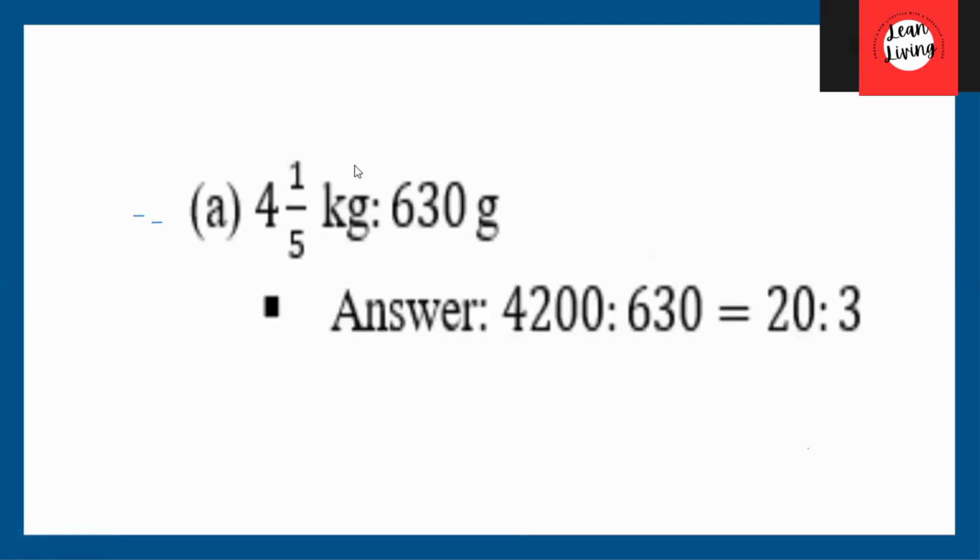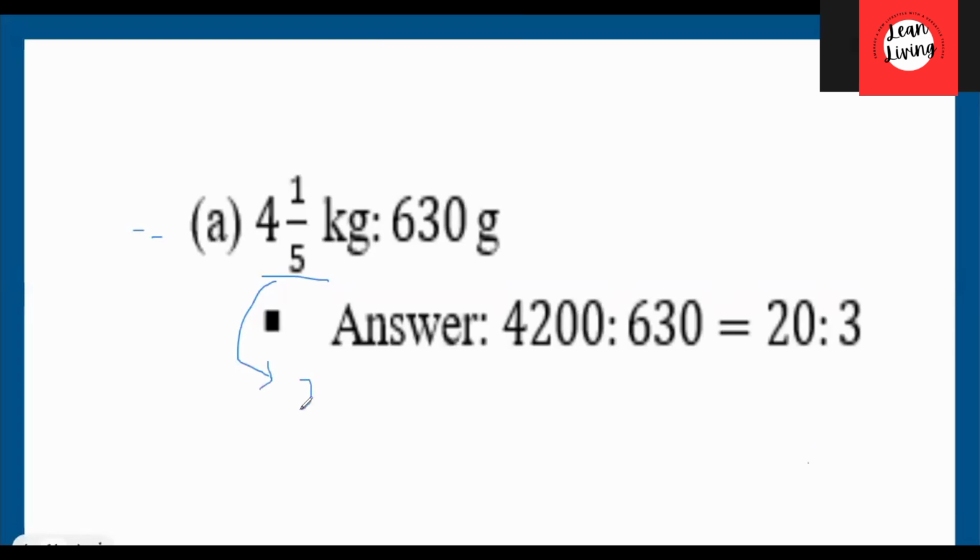Okay, this is the same kind of question we did previously as well. However, this is in a kind of fraction form right now. So there are two ways to solve this. Either you convert this entire mixed fraction into an improper fraction. That is going to be 21 upon 5.